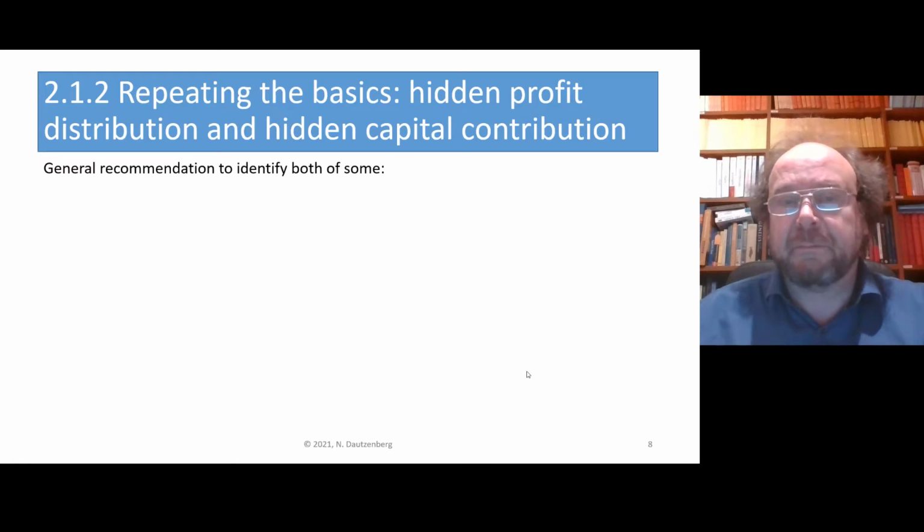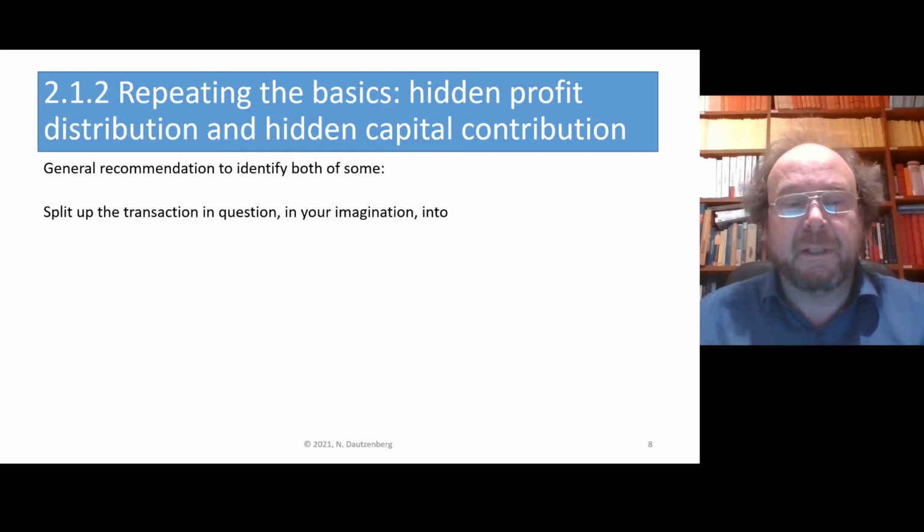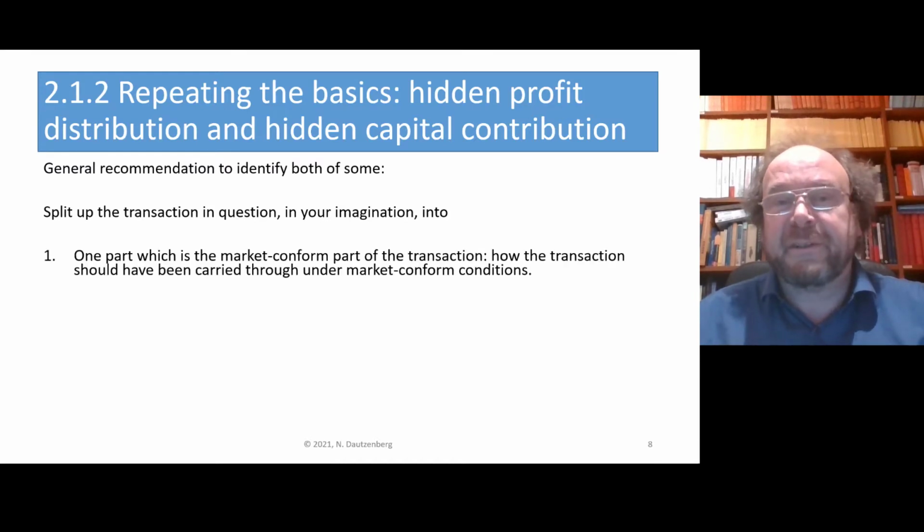And now if you want to find out if such a thing exists in your case, in your transaction, there is a common recommendation how you can identify both of them. Split up the transaction in question in your imagination into two parts. First, the market-conform part.